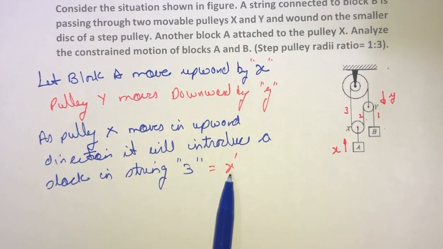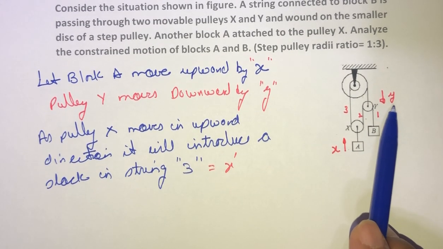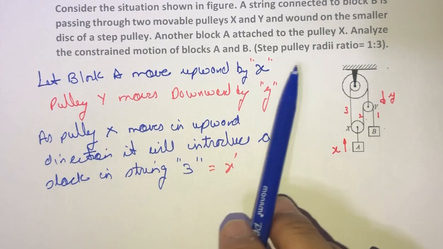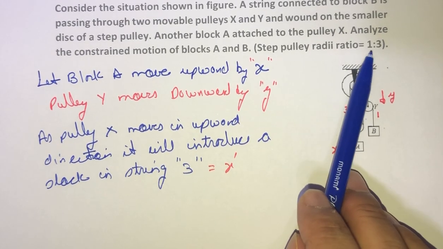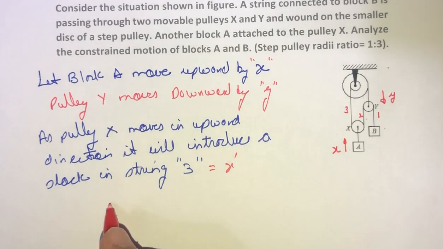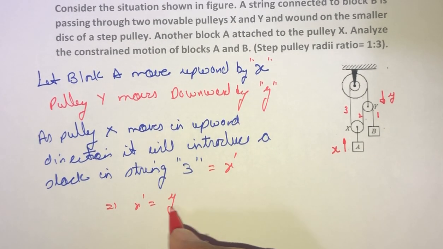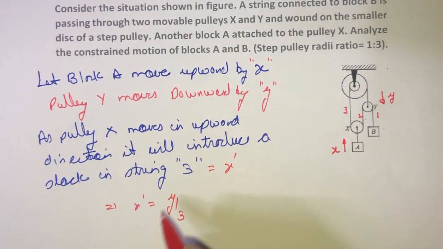So we can find out the relationship between x prime and y, because the step pulley radii ratio is given as 1:3. Based on this, we can say that x prime will be equal to y by 3.